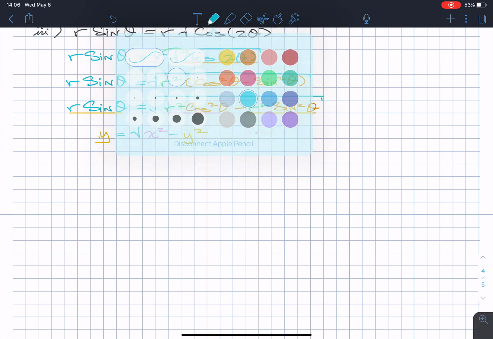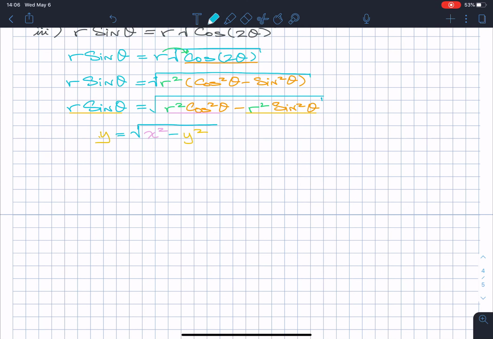And there we are. Now we have an equation in rectangular form. Okay, so hopefully this is making sense. We can just leave it like that. We don't need to square both sides. Okay, so I think I'm going to stop here for this video.